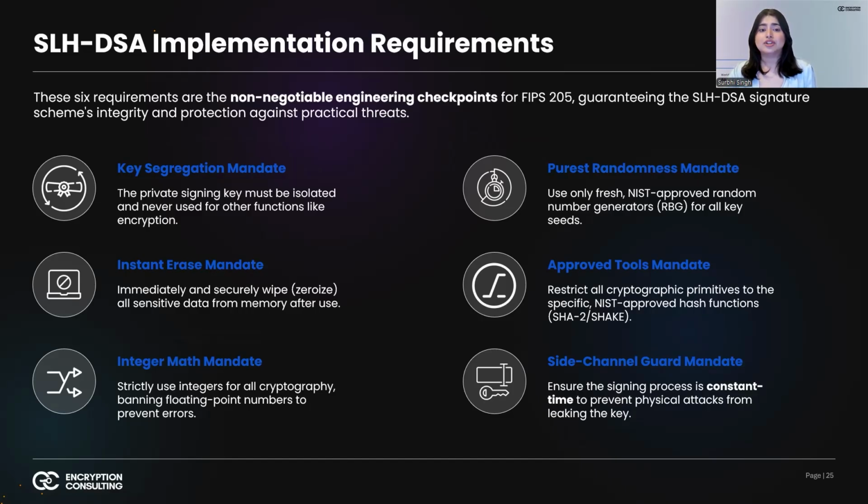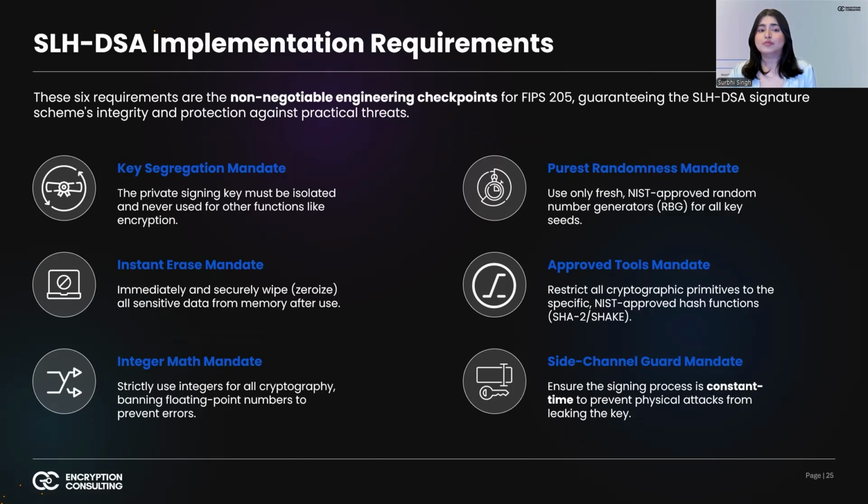In a digital signature, even the smallest error in calculations means the signature verification will fail. Using only integer math guarantees a perfectly predictable and consistent result across every single certified device, which is essential for integrity. And our last point is the side channel guard mandate.